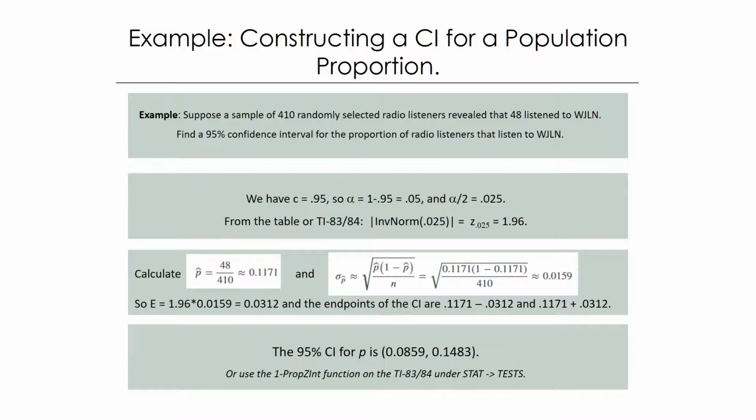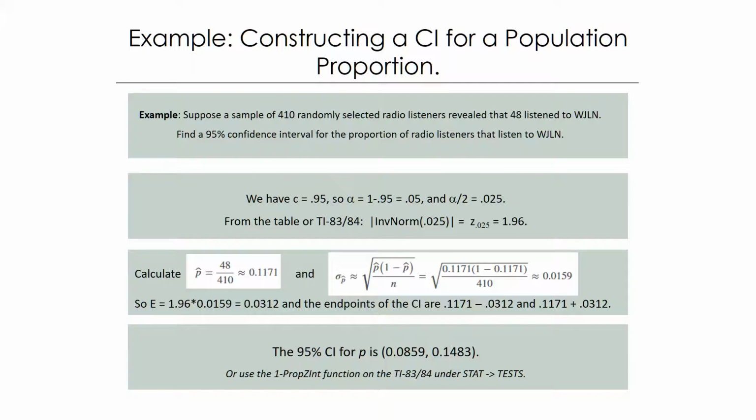In other words, about 8.59% to 14.83% is the interval that has a 95% confidence for capturing the population proportion of radio listeners that listen to WJLN. You could also view that as the sample proportion, 11.71%, plus or minus the margin of error, 3.12%.